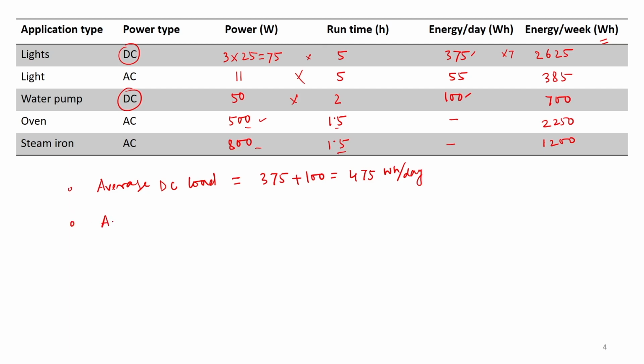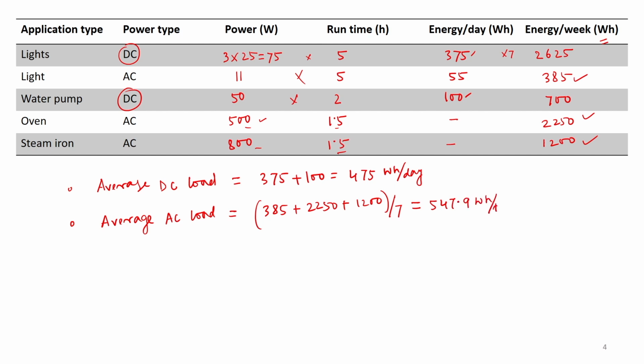And then we have average AC load, which will be equal to, considering the last column, 385 plus 2250 plus 1200, divided by 7. So, it will be 547.9 watt hour per day.